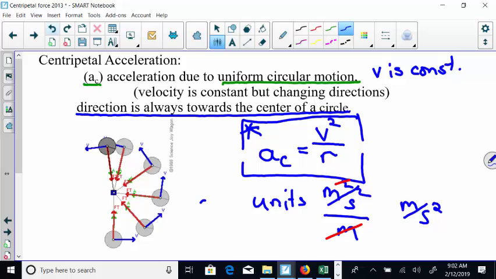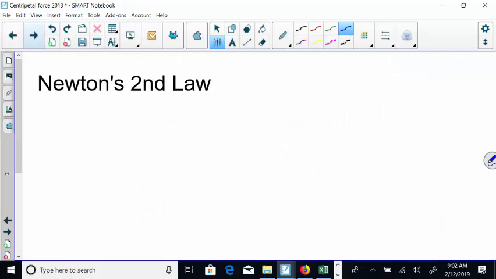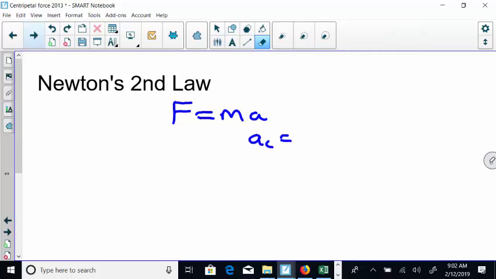Now, if we have a centripetal acceleration, how does that apply to Newton's second law? Newton's second law says force equals ma. Well, what if that acceleration is centripetal acceleration, which is v squared over r?